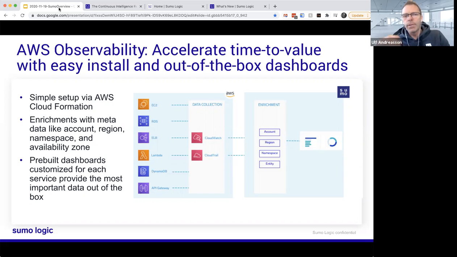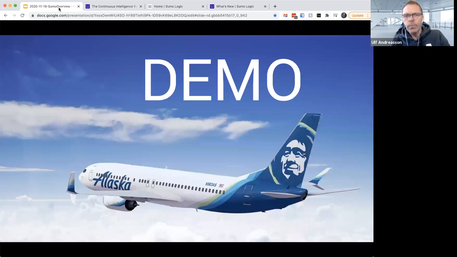And this is really something that many customers of ours have really liked. The multitude of information they get in there in a very simple way, and the power of having all this in one single place, and all the different data sources, really stands out. So let's go into a demo.